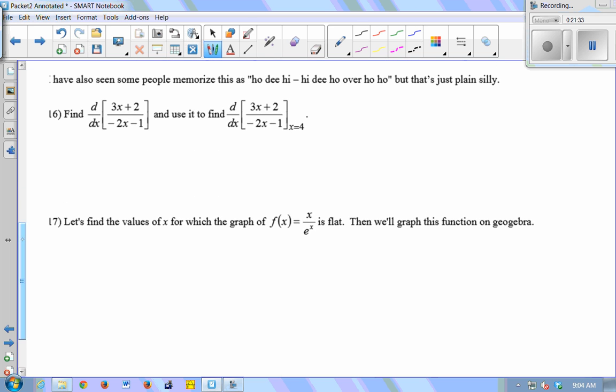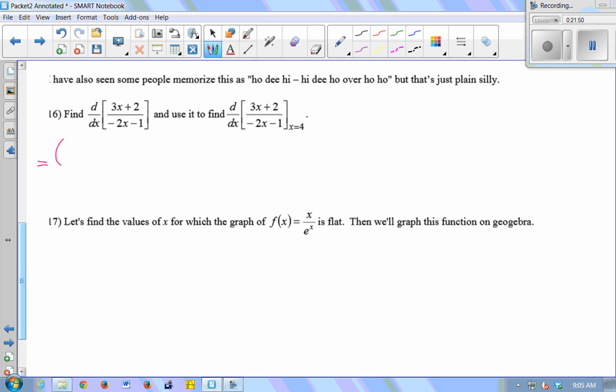All right, so let's say I want to find d dx of 3x plus 2 over negative 2x plus 1. So denominator times the derivative of the numerator.